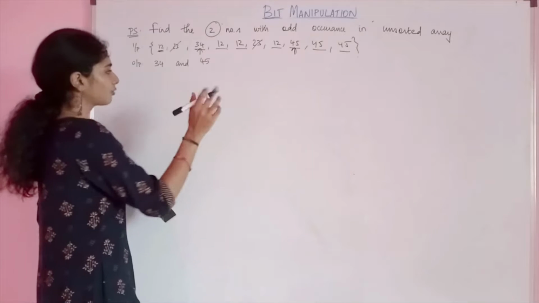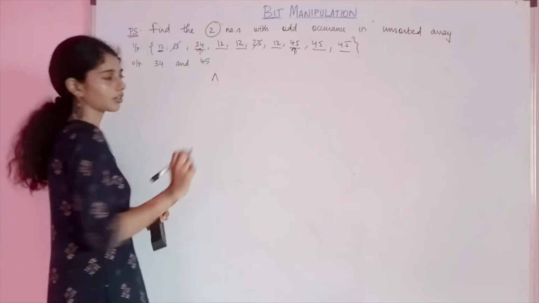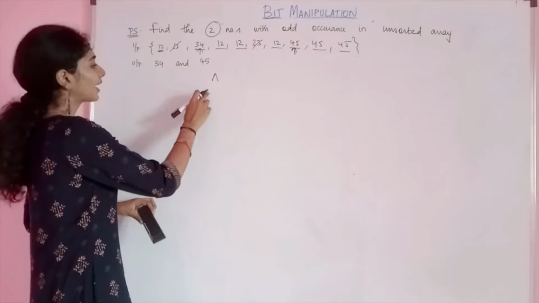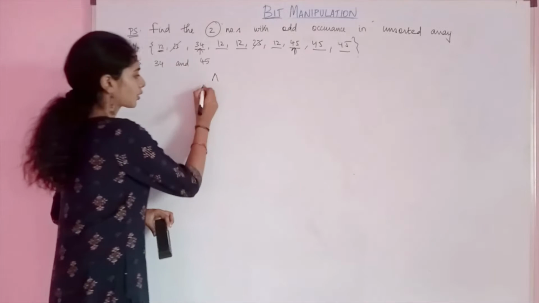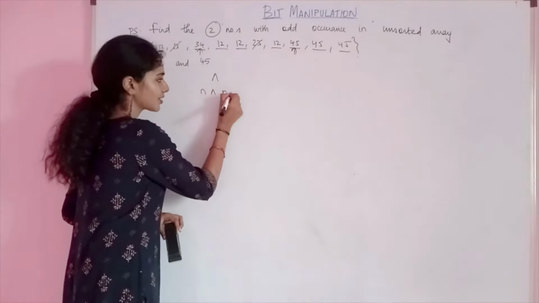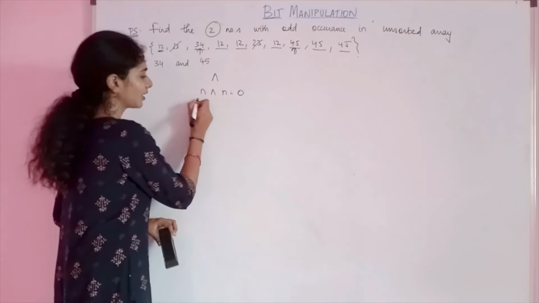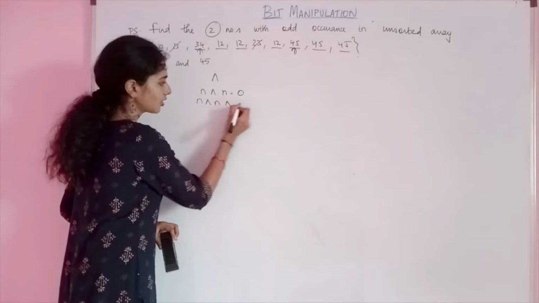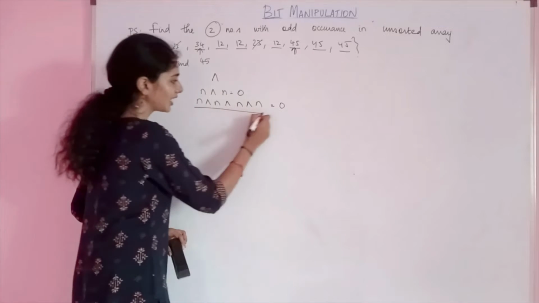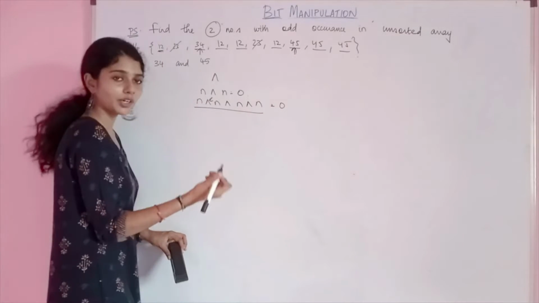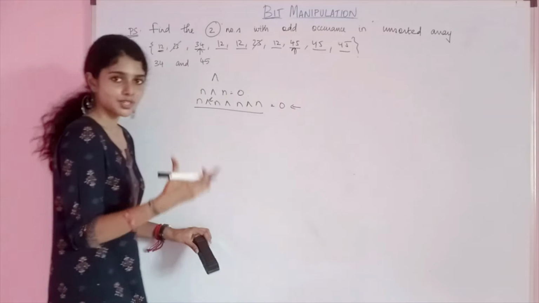So the first one is using XOR. We had already studied the one using XOR, wherein the logic we use is N XOR N is equal to 0. So for every even occurrence, it is N XOR N, which is again going to be 0 only. So for every even occurrence on doing XOR, you get a value of 0.